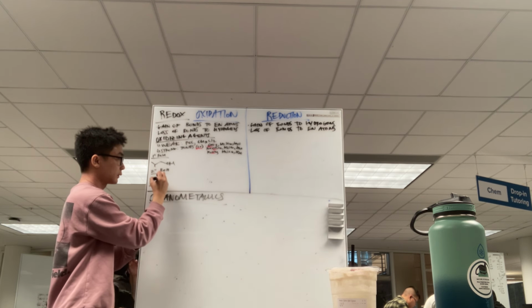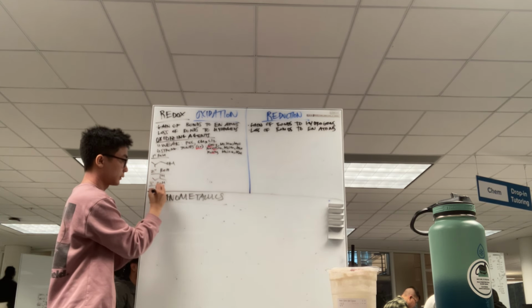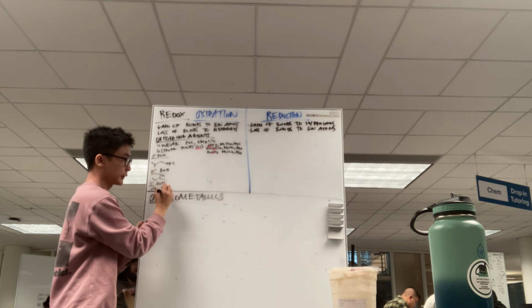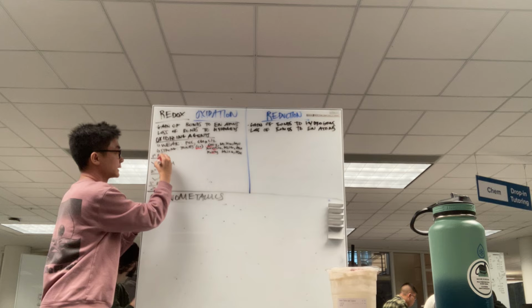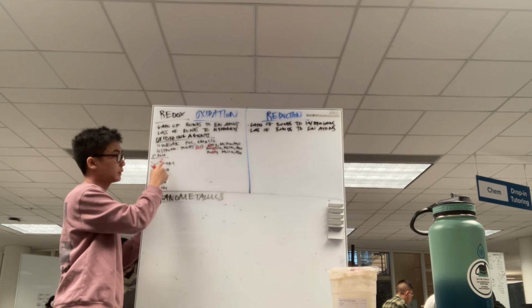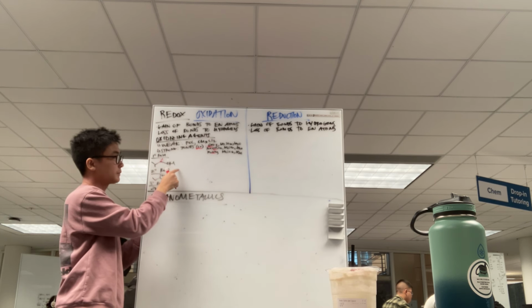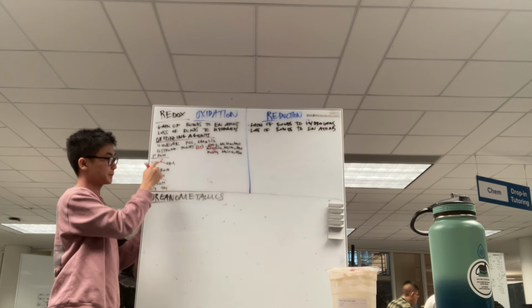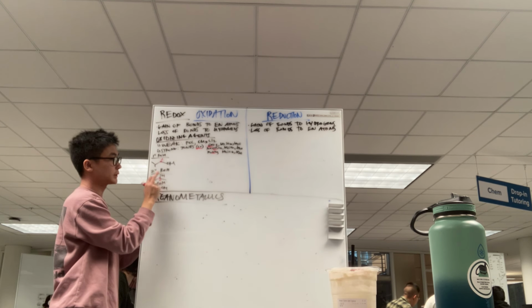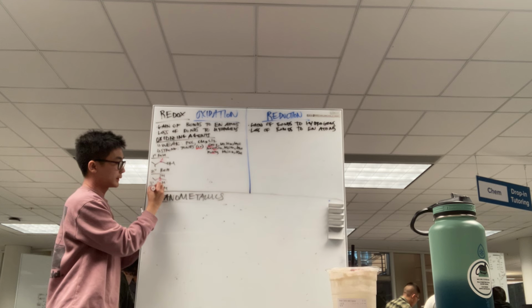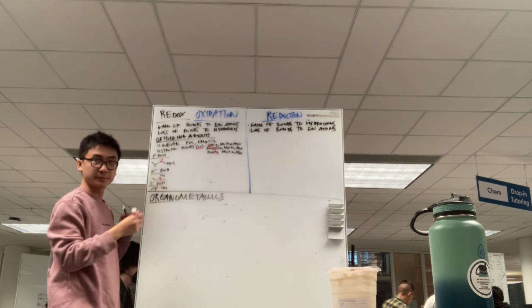This is a secondary alcohol. And this is a tertiary alcohol. The reason this is a primary alcohol is because the alpha carbon, which is the first carbon attached to the alcohol, is attached to one other carbon. This is a secondary alcohol because the alpha carbon is attached to two other carbons. This is a tertiary alcohol because the alpha carbon is attached to three other carbons.